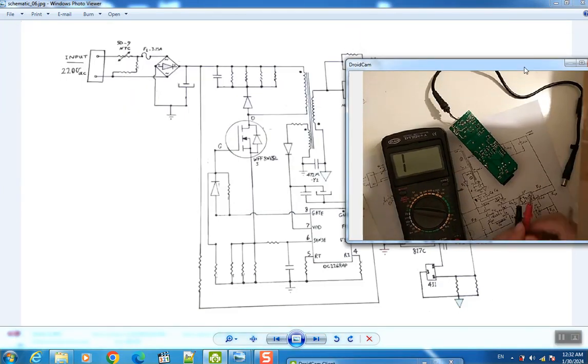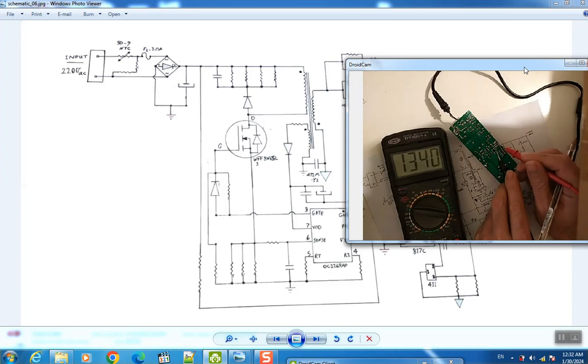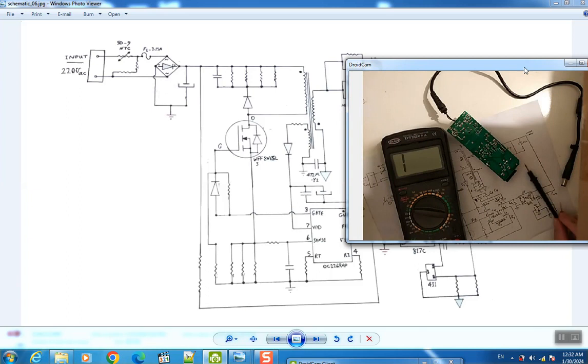And as we can see, the other line has gone to the source pin of the MOSFET. By this method, we try to find other elements on the board.